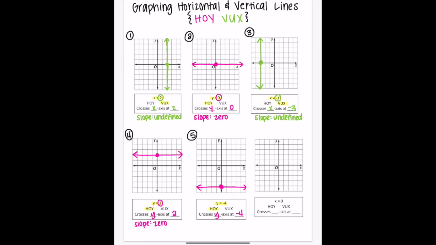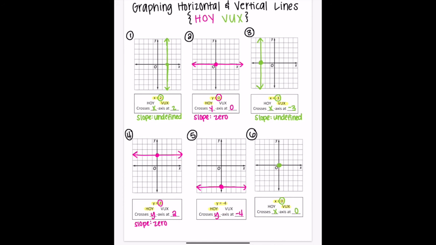And finally, example number 6. We have x equals, so we're going to think VUX, V-U-X, vertical, undefined slope, x-axis. So it's going to cross the x-axis at 0. So on the x-axis, 0 means you don't move left or right at all. You're just going to stay right at the origin.